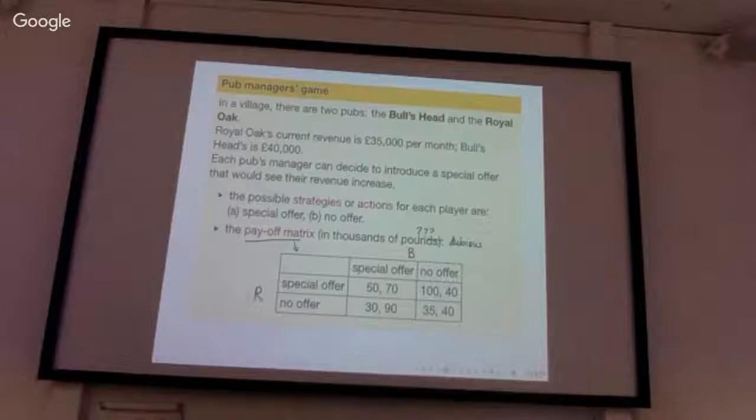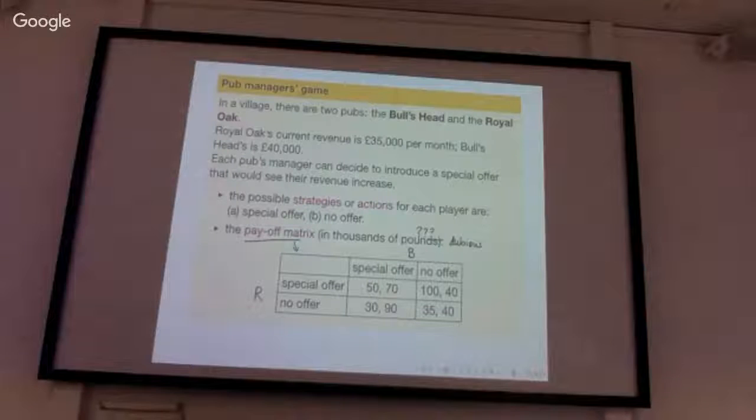Why is the Royal Oak going to introduce a special offer? Well, because they cannot lose, can they? The Royal Oak, the row player, is the first number in each entry of the payoff matrix. If they introduce a special offer and the Bull's Head does not, then the payoff is 100, and if they don't, it's 35.